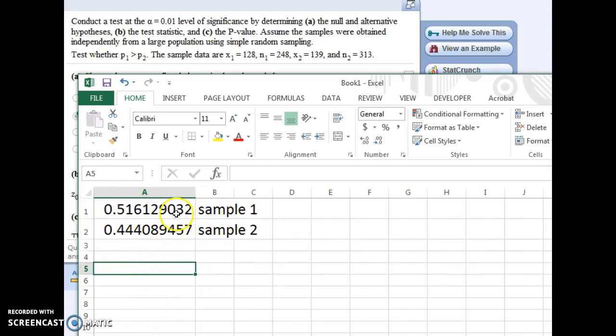It looks like the sample 1 population has a larger proportion than the sample 2 population. So that's what we're testing for, and we're going to see if that difference is actually enough for us to reject the null hypothesis that the population proportions are equal. So that's some good information just to calculate on your own.